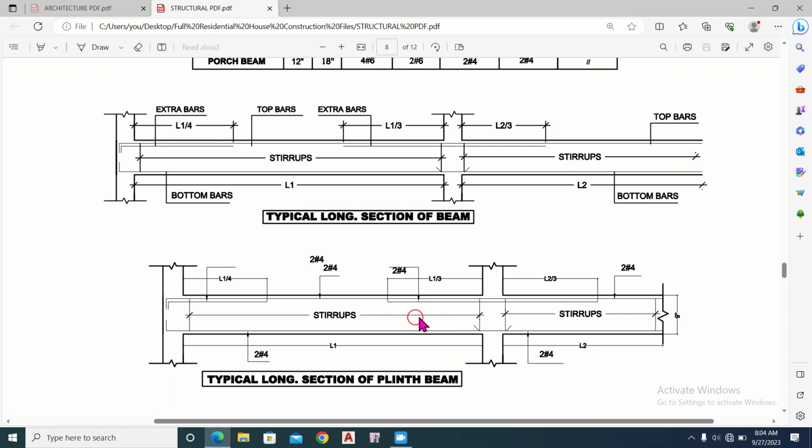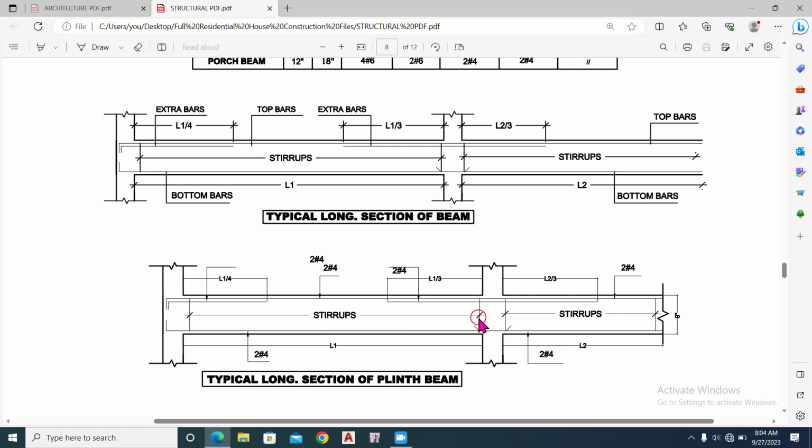At the continuous support, here it is continuous, so we have to take the length of the beam divided by 3 to get the length of the bars required to be provided here as the top reinforcement.